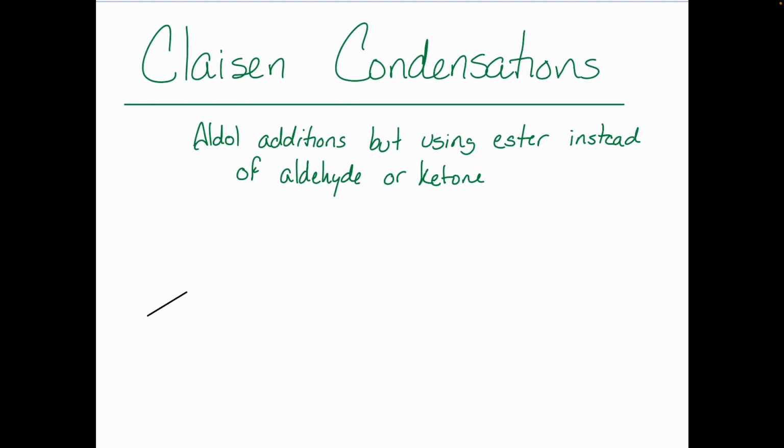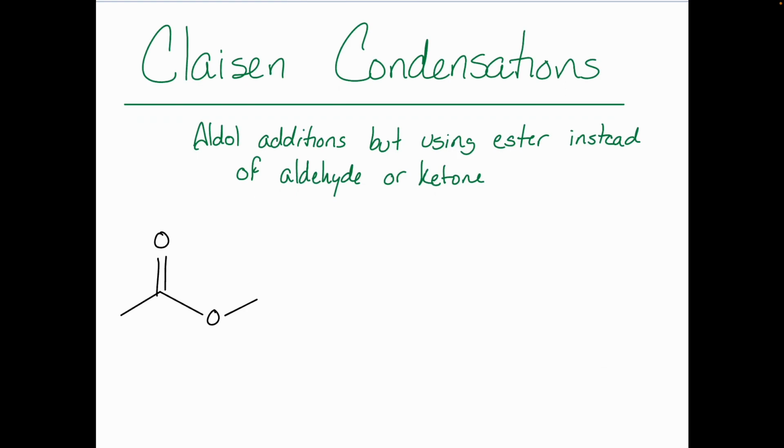So we're going to take an ester. An ester's got that carbonyl group, but it's like a ketone and an ether mixed together. That carbonyl carbon is necessarily bound to an oxygen, and there's got to be some carbons over here as well, otherwise it would be a carboxylic acid.